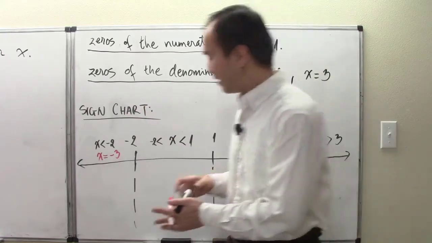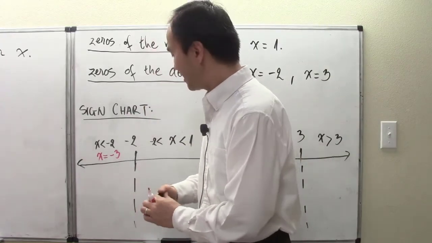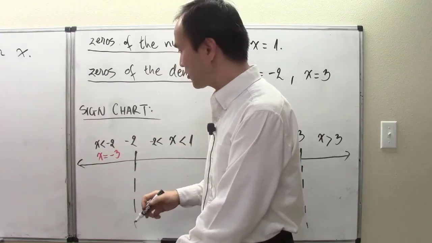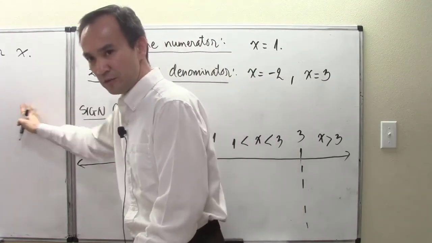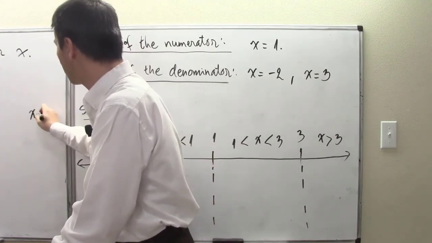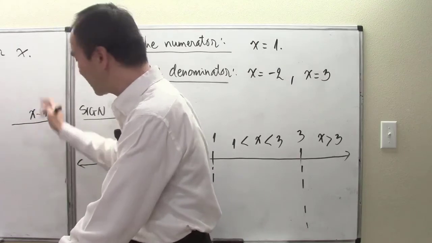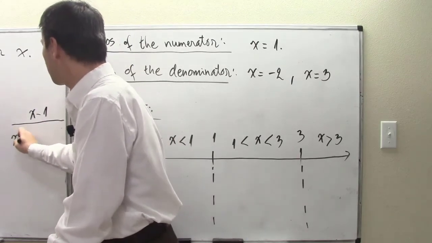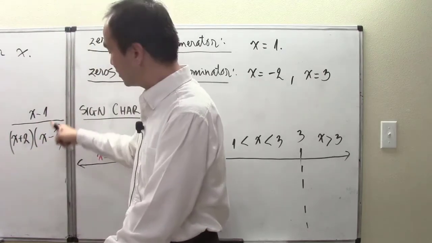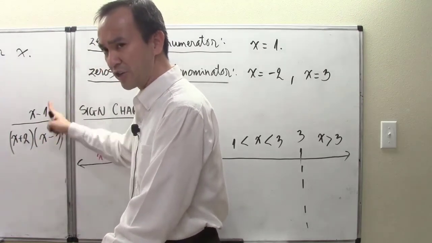So now I'm going to substitute that into my final simplified expression. This is still visible on my other board, but allow me to write it down so that I can avoid swinging back and forth between the two boards. So x plus 2 is here, and x minus 3 is there. This is our simplified rational expression.